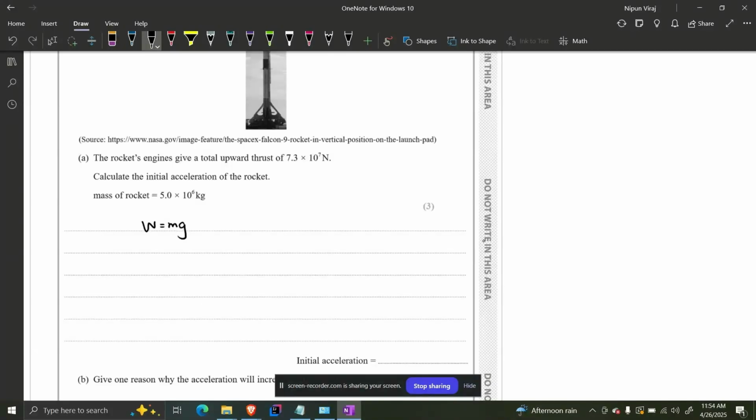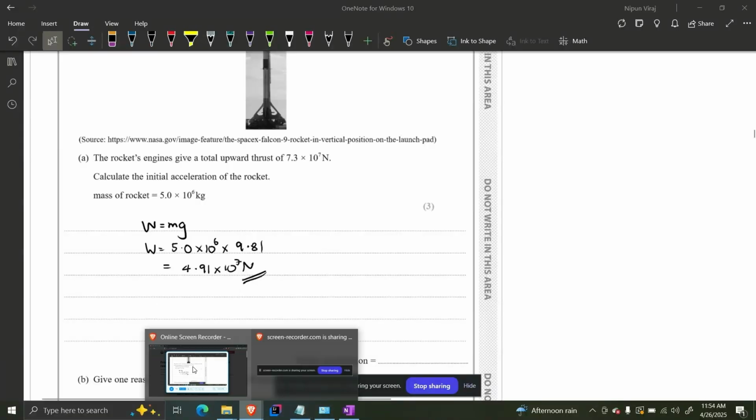W equals mg. So, W is equal to 5.0 into 10 to the power 6 into 9.81. That is equal to 4.91 into 10 to the power 7 newtons. Okay. So that is the value.